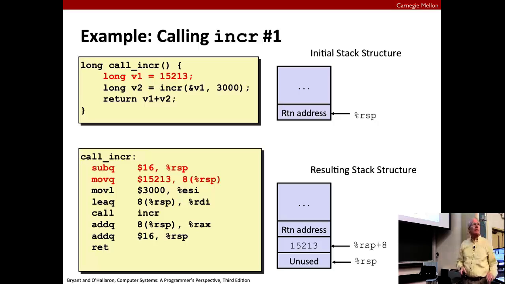And where does it store it? Well, it puts it in the stack. So how does it find space on the stack? Well, it allocates it. So the function callinker then, and we'll go through all the different parts of it, but you see that this red code here generates these 2 instructions.